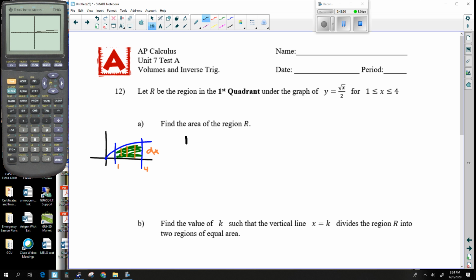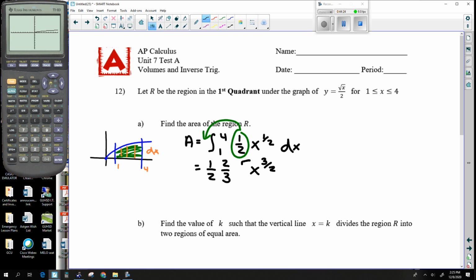All right, so this area is going to be the integral from 1 to 4 of 1/2 square root x, or x to the 1/2. I'm going to take out this 1/2 and just worry about the x to the 1/2. So this is x to the 3/2 over 3/2, or 2/3, with the 1/2 already out there, going from 1 to 4.